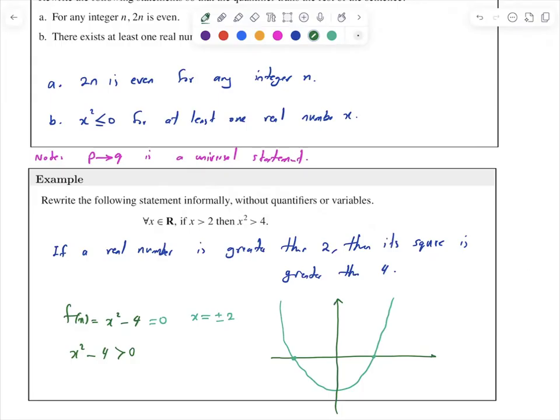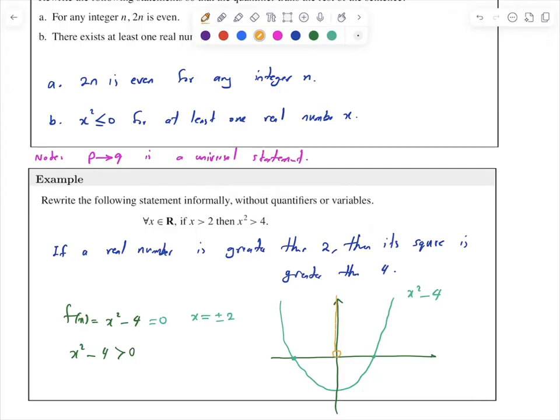Okay, perfect. So we're looking for the domain where x squared minus 4 is more than 0. This guy is x squared minus 4. But it is more than 0 when your y value is more than 0, right?